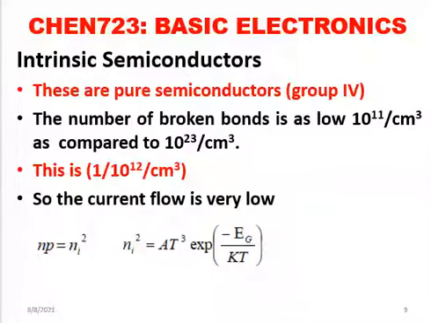But if you remember Avogadro's constant, the number of atoms we have is approximately 6.022 times 10^23, but let's take 10^23 per cubic centimeter. So if you now divide 10^11 by 10^23, you end up getting 1 over 10^12. That is 1 out of each trillion bonds. If you have 1 trillion bonds, only one is broken.